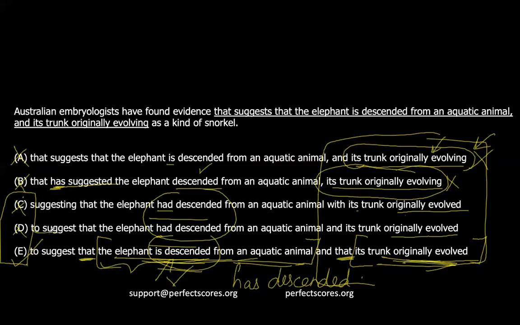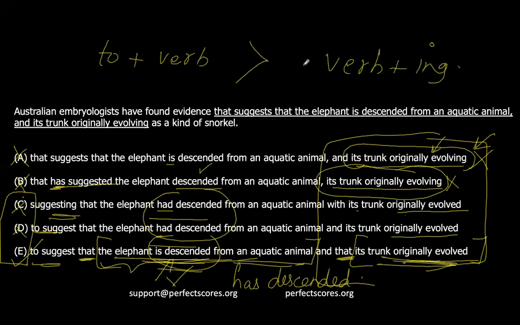And then you also have these words, to suggest or suggesting. If you remember, I told you that if everything else is the same, always prefer the to form of the verb as compared to the verb with the ing. So if I add that in option D, does it make it correct? No, it would still be wrong because of the had.